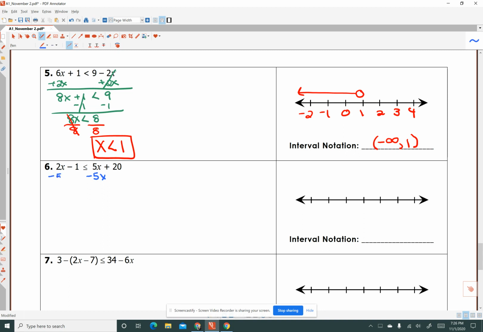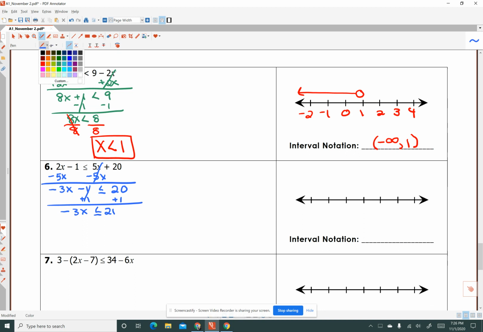It'll work out either way. So this cancels. I have negative 3x minus 1 is less than or equal to 20. Add 1 to both sides. Negative 3x is less than or equal to 21.